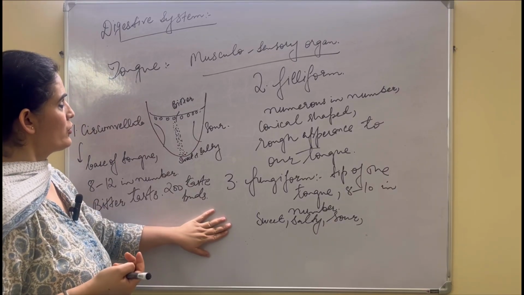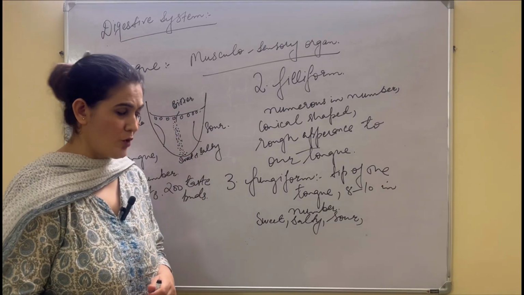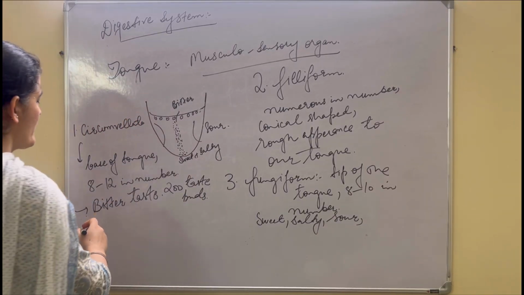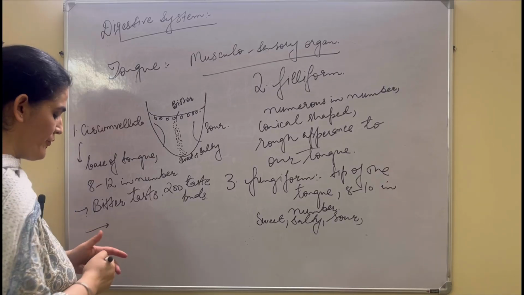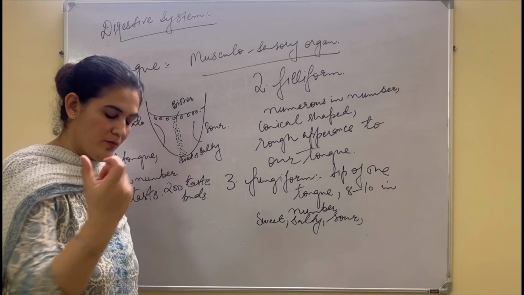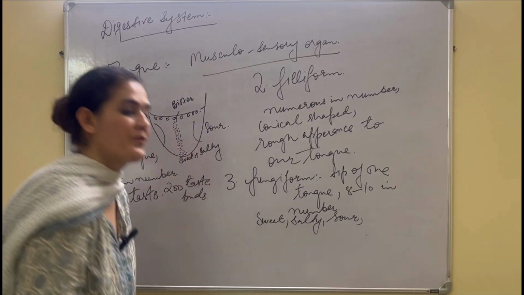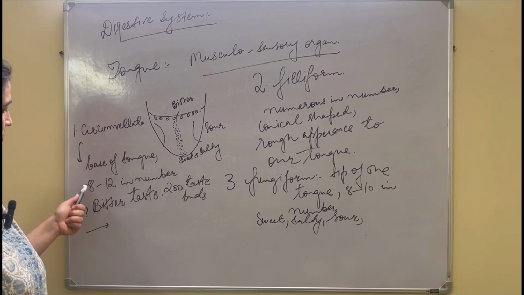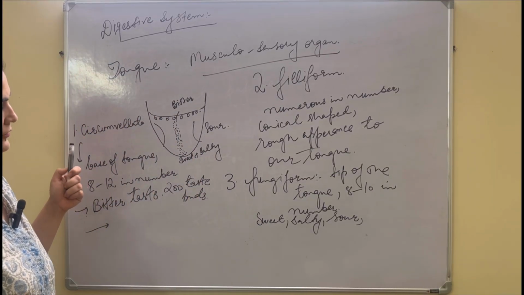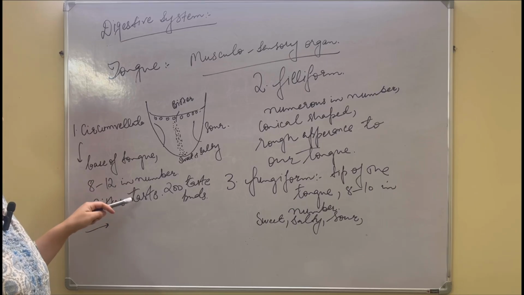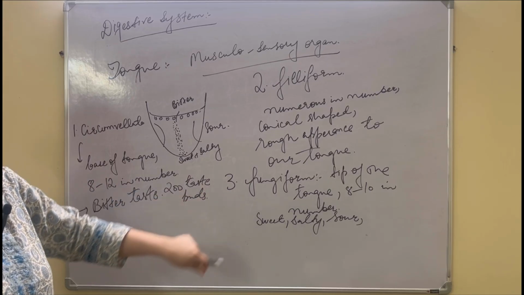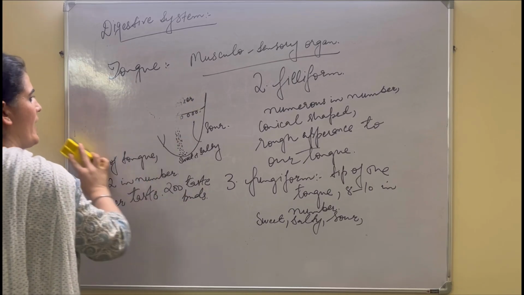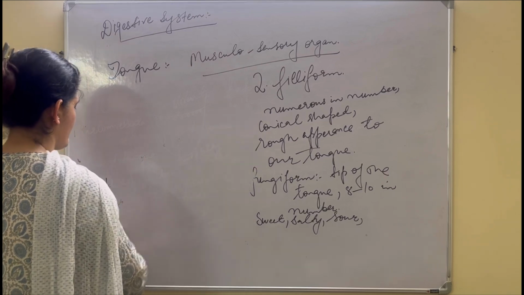Okay. So students, talking about the taste, we basically have four types of taste: sweet, salty, sour, and bitter. But we actually have five tastes.